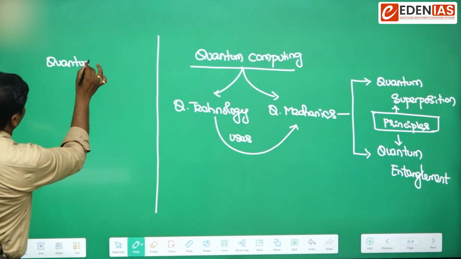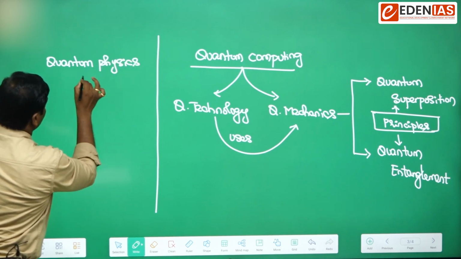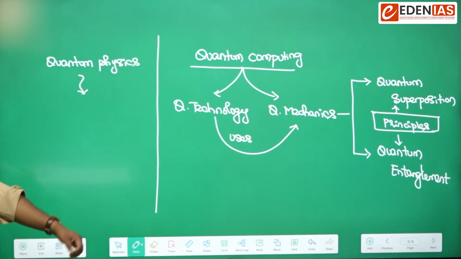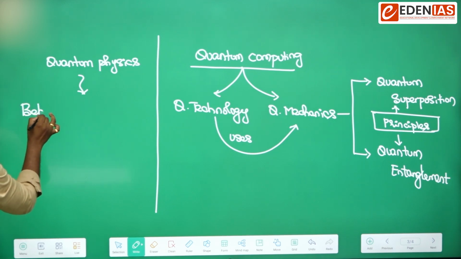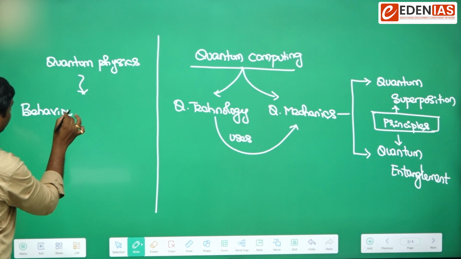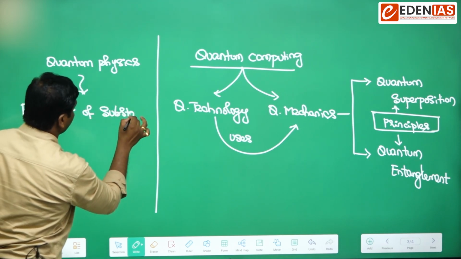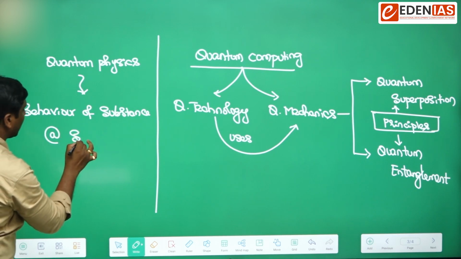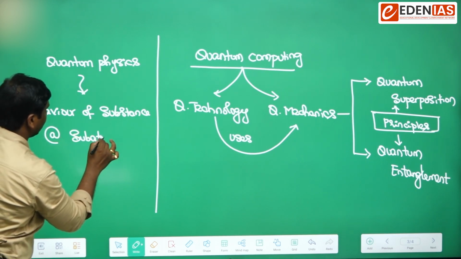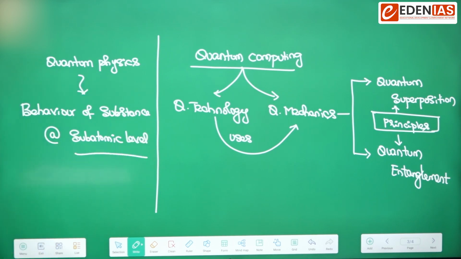If we talk from the quantum physics perspective, usually quantum physics studies the behavior of the particles, the behavior of a substance at subatomic level. This is the key thing here.